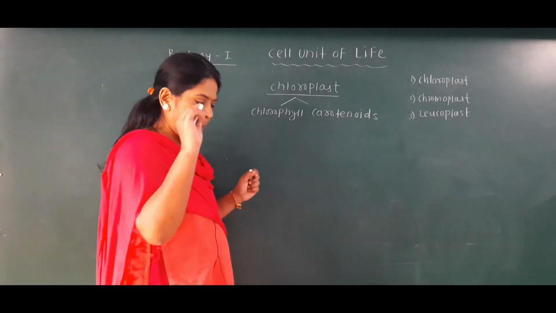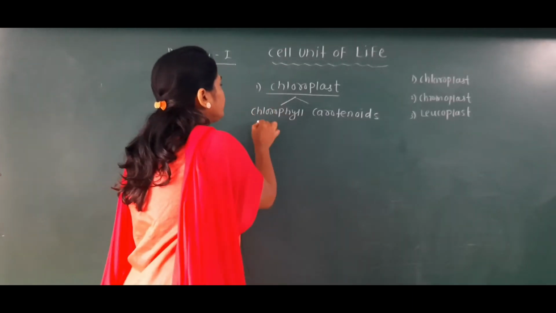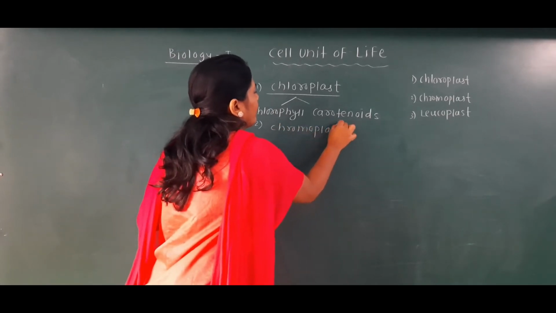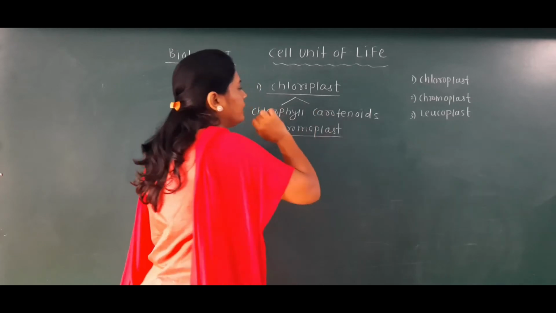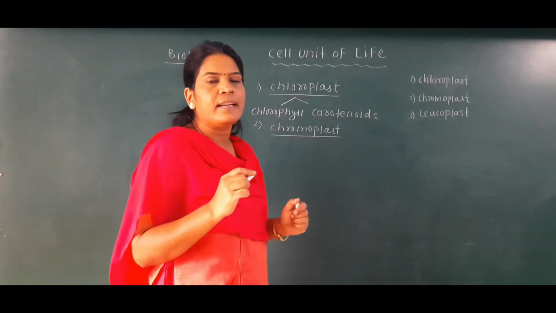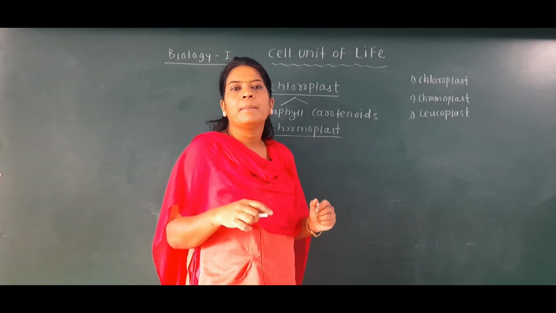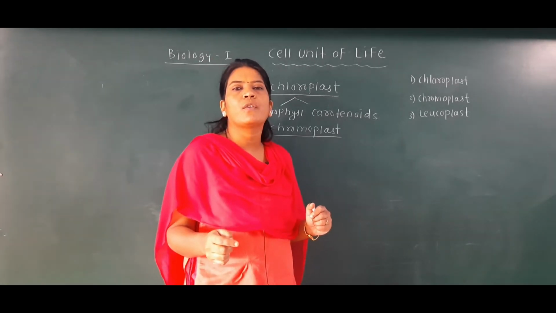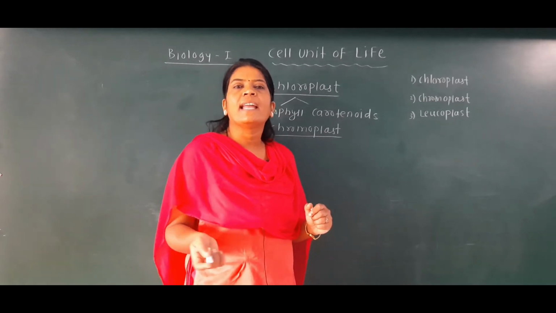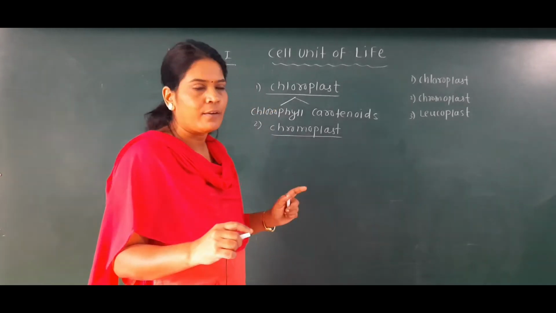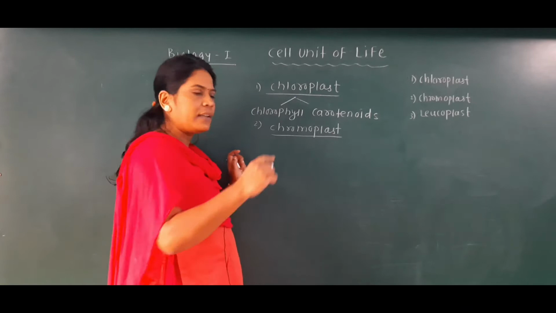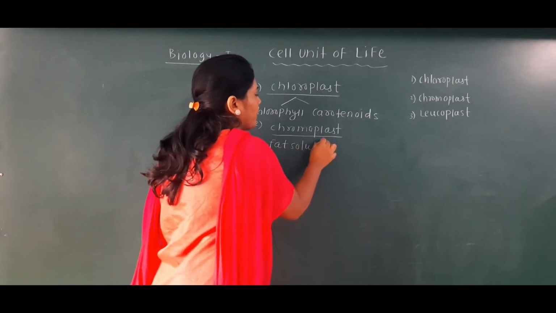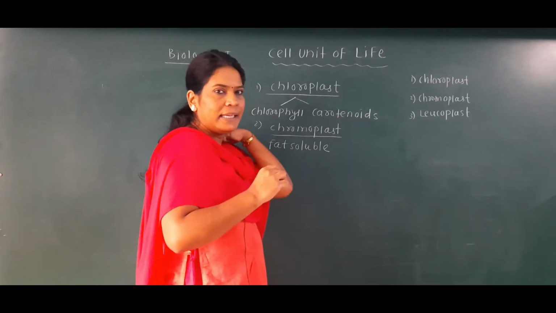Now, the next type of plastid is the chromoplast. This chromoplast again has pigments, but these pigments are fat soluble, and they are called carotenoids. It also contains some other pigments. Fat soluble means these pigments can be dissolved only in fats.